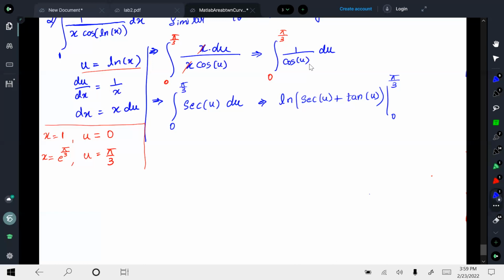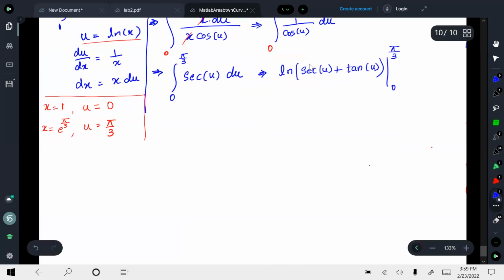So do you know how I got this formula? If not, just let me know. I can show you the steps. I guess you have done this in the previous lab, if I'm not wrong. Okay, so I will assume that you know how to integrate secant of u.